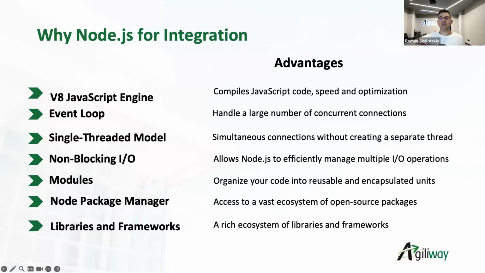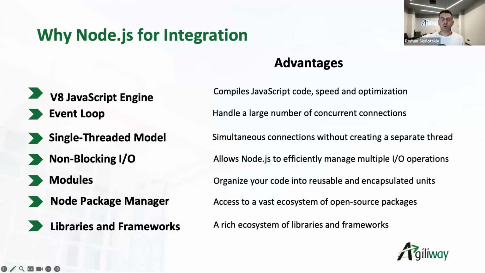Instead of blocking on input-output operations, Node.js delegates them to the event loop and continues processing other tasks. As we talked before, maybe you remember, the head chief delegates tasks to workers, and when workers return the response, he can take another task. Therefore, we can handle simultaneous connections without creating separate threads.